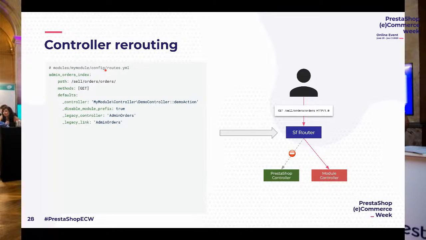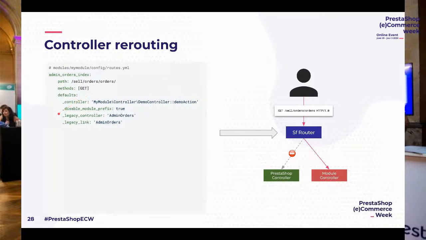So again, by modifying the routes YML file in your module, you can redefine an existing route, so use the same name and the same path. And instead of going to the PrestaShop controller, you go to your module's controller and you set up that you want to go to demo controller, demo action.